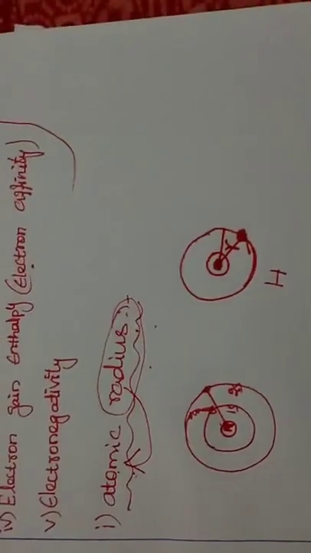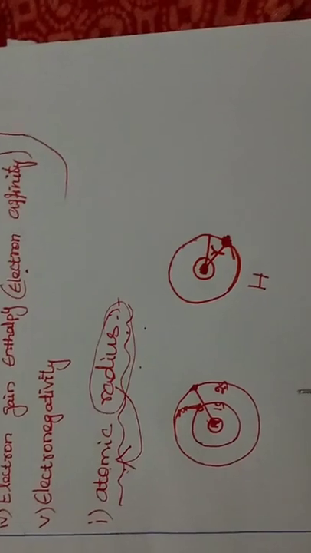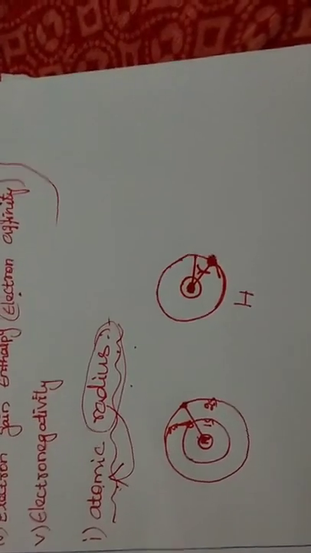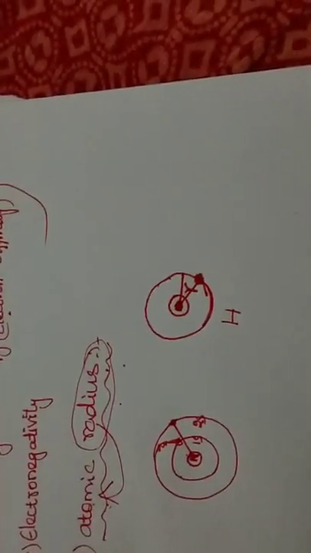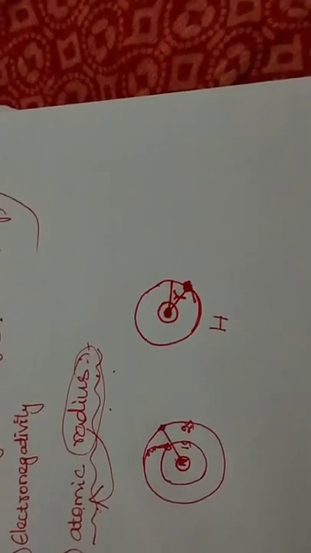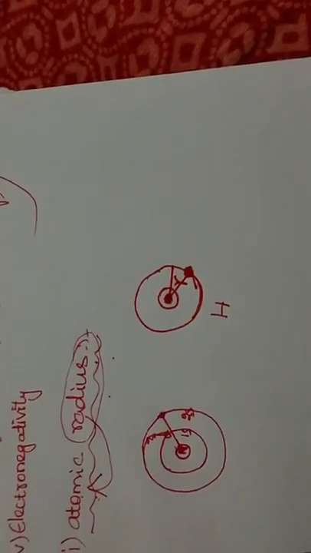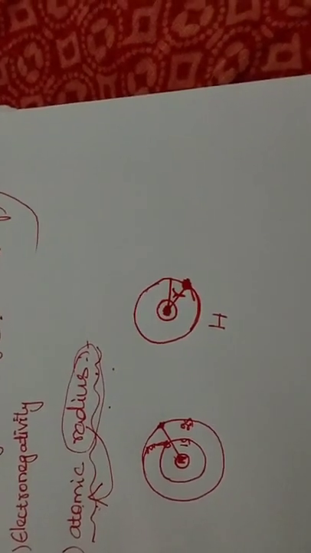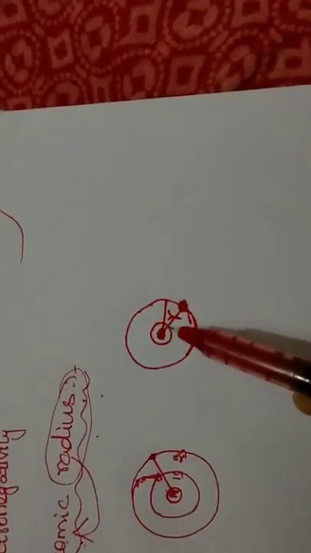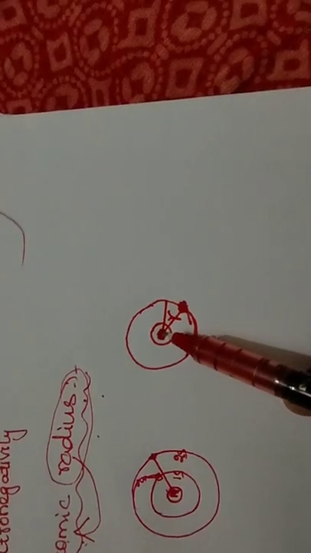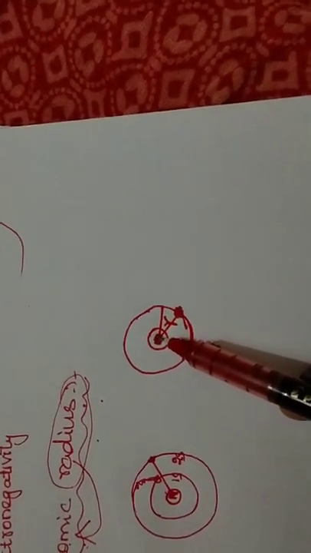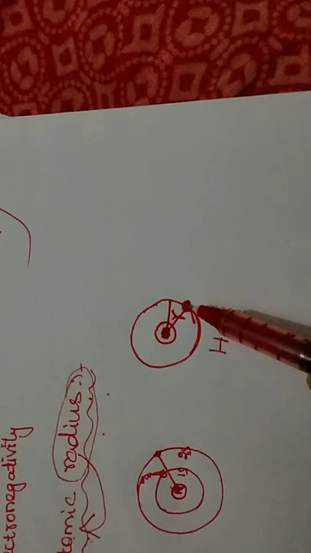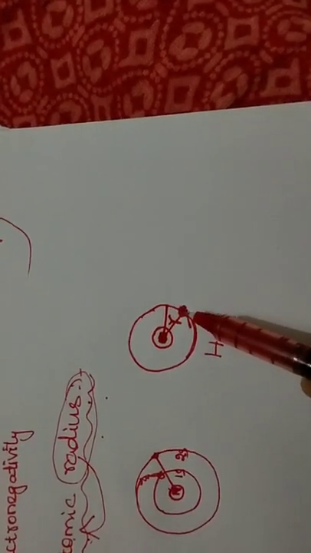So say the definition of atomic radius. Atomic radius is defined as the distance between the center of its nucleus and the outermost shell containing the valence electron. Okay, so the distance between the center of the nucleus and the outermost shell containing the valence electron.